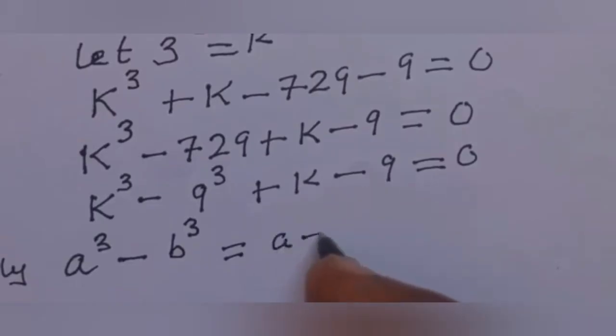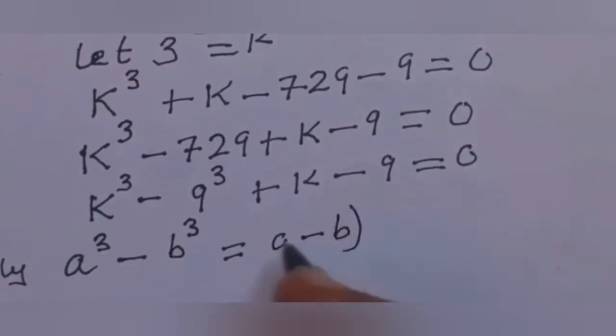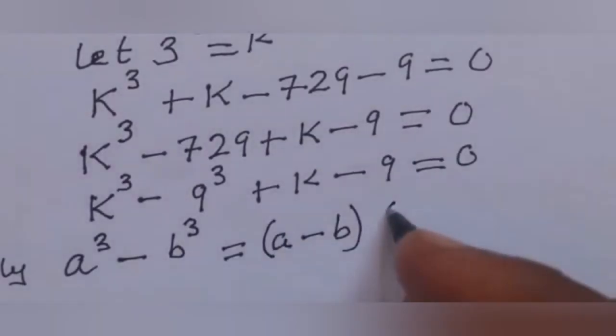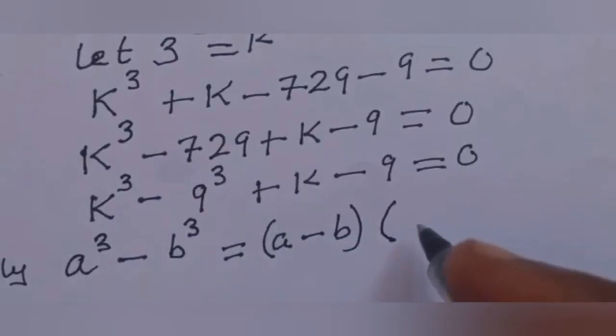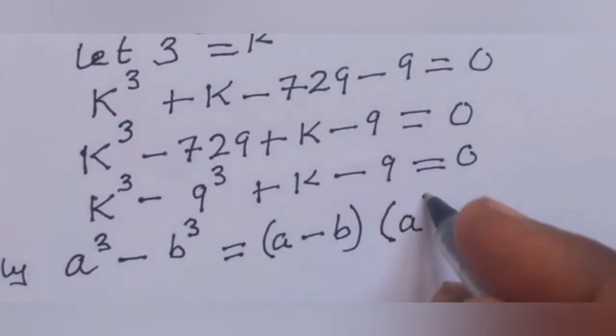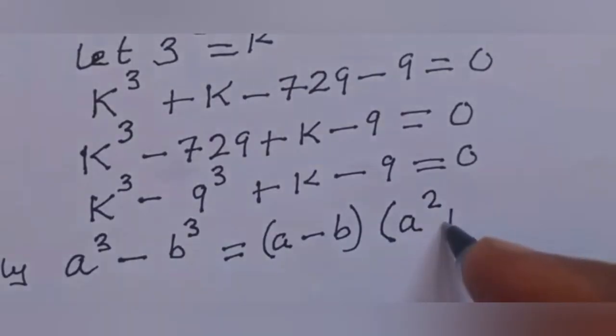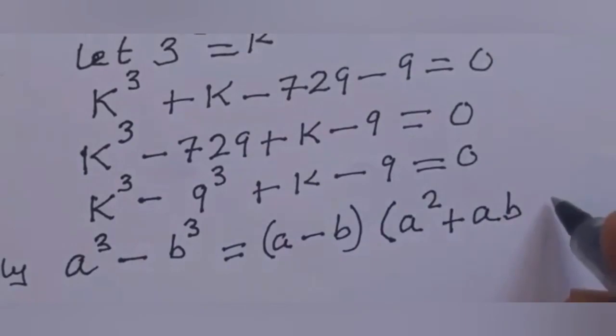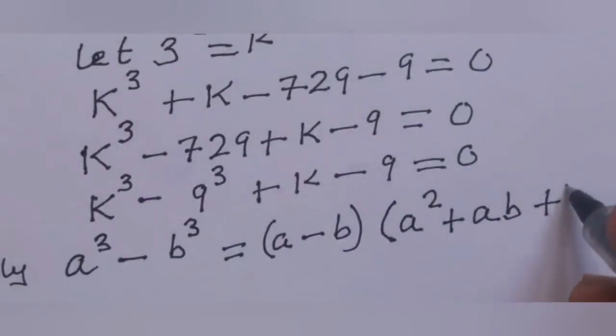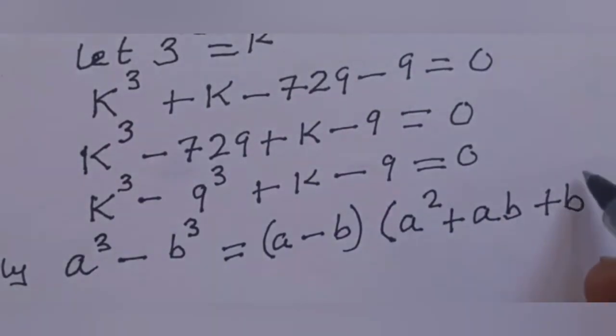a minus b in the bracket, again in the bracket, a squared plus ab plus b squared.